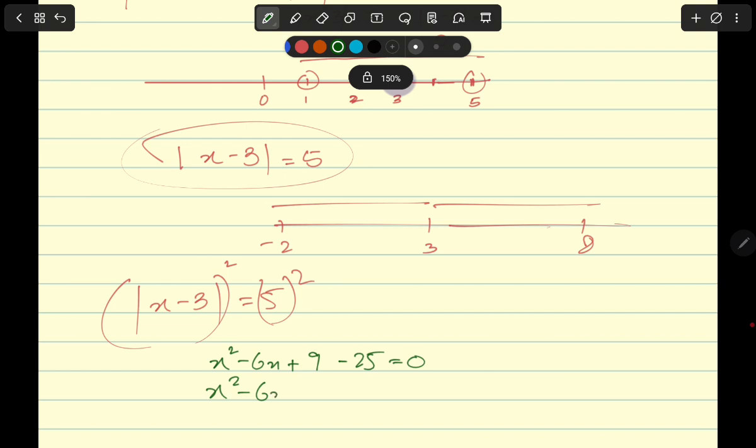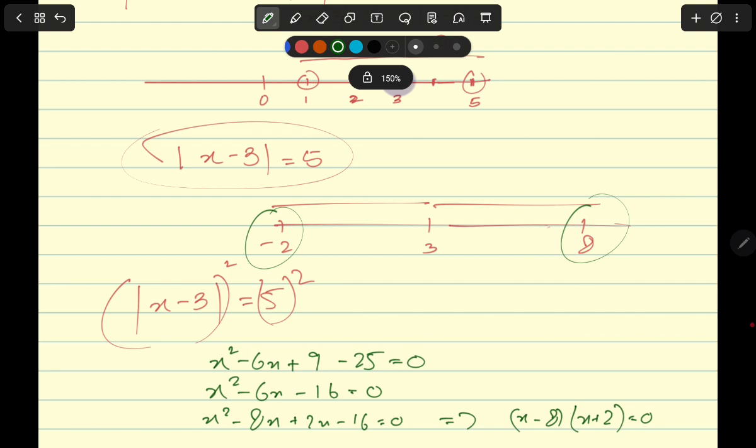So x squared minus 6x minus 16 equal to 0. That is x squared minus 8x plus 2x minus 16 equal to 0. This gives me (x minus 8)(x plus 2) equal to 0, and you can see that our answers are minus 2 and 8. Now, we will find it out in a bit.